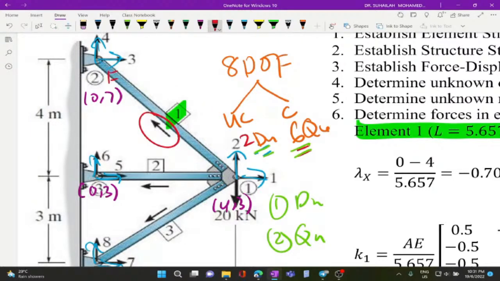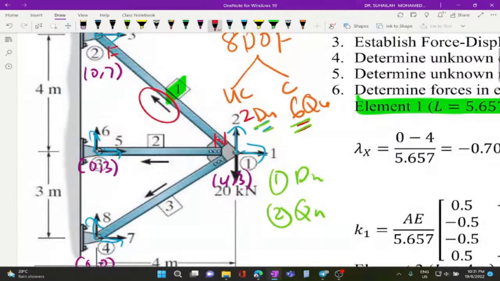So when we label the K, we will label as 1, 2, 3, 4 for element number one. Same goes for element number two. By looking at the arrow, 3 will be far. So the label for K will be 1, 2, 5, 6.